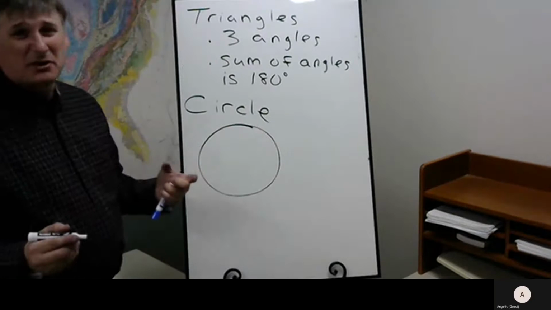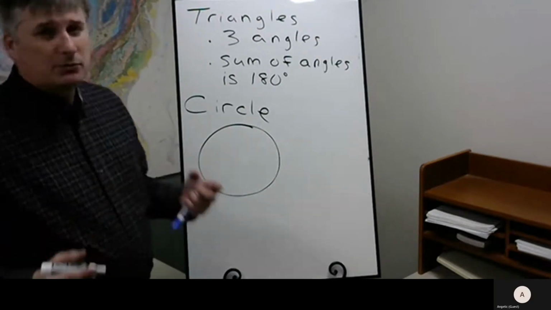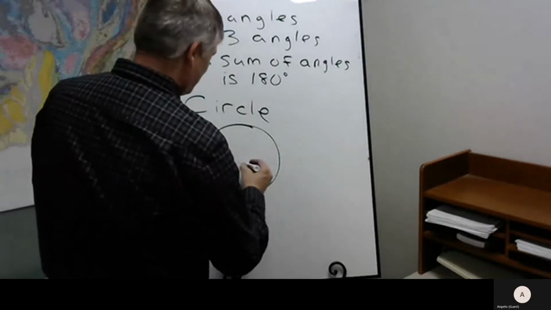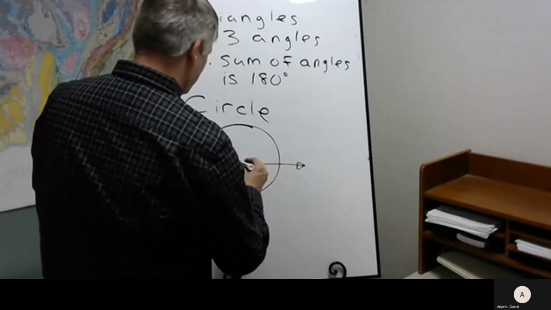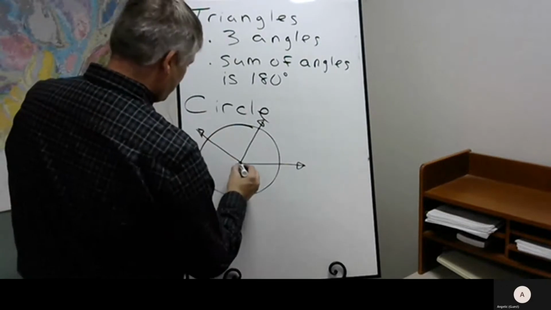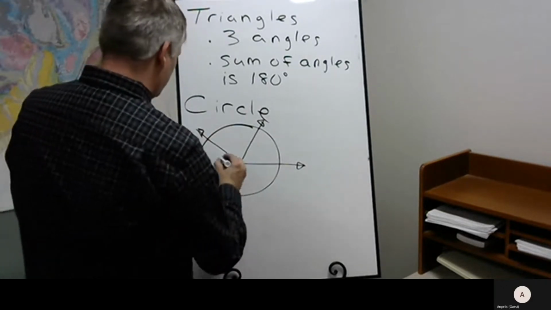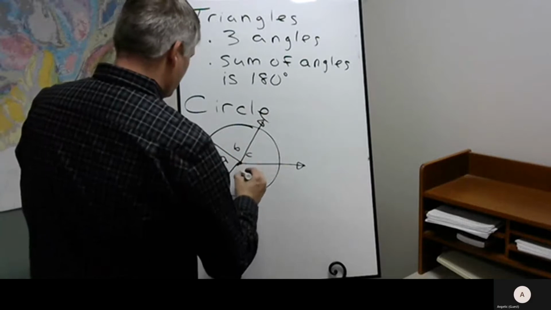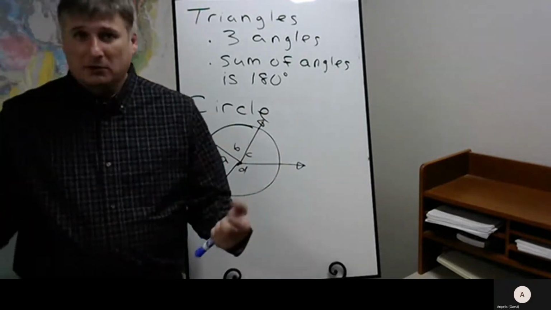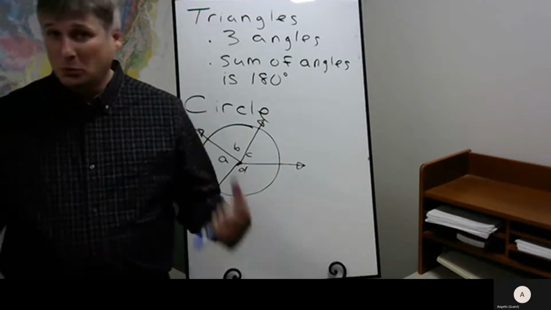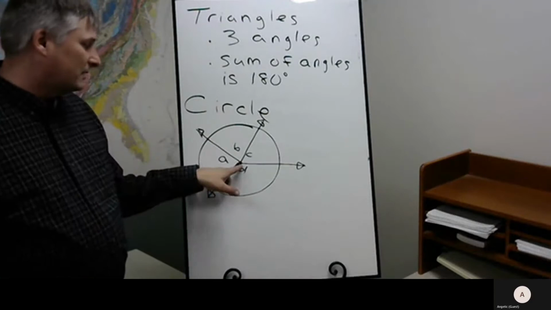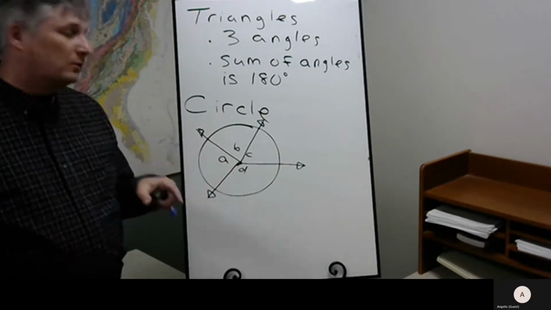The particular angles I'm talking about are angles with a vertex at the center of the circle. Now, by coincidence, I just did 4 angles, but there could have been 3, there could have been 20. However I divide up this circle, the sum of these angles will be 360.